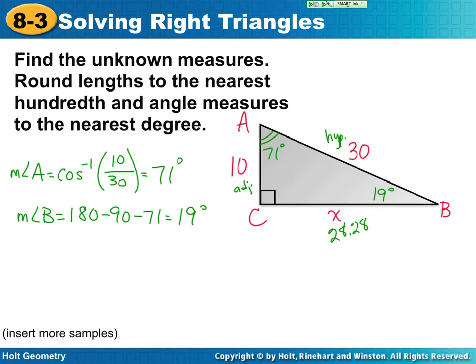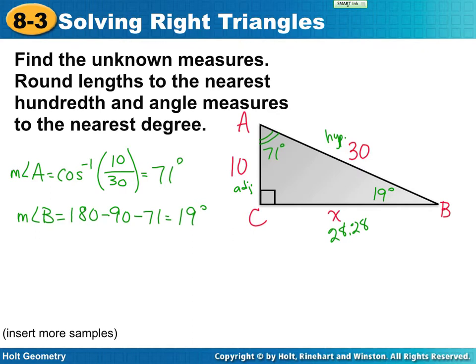Remember the theorem about the smallest angle is across from the shortest side? That would help me know that the 19 degrees for angle B is correct. I'm going to guarantee somebody's going to get angle A as 19 degrees. But if you think about that in the triangle, then that doesn't make sense. It's across from the wrong thing. Okay, so that did stump some of you getting that angle.